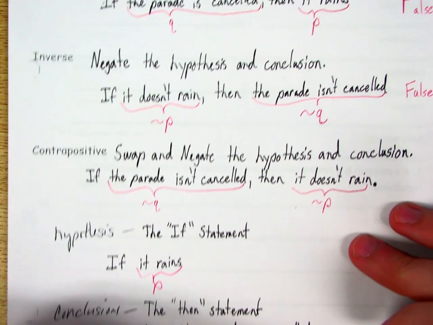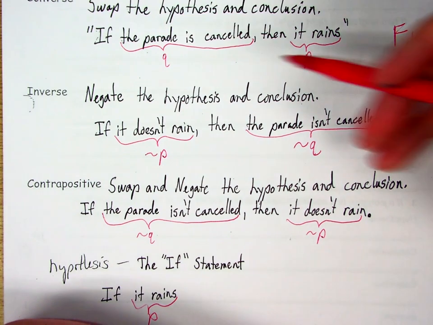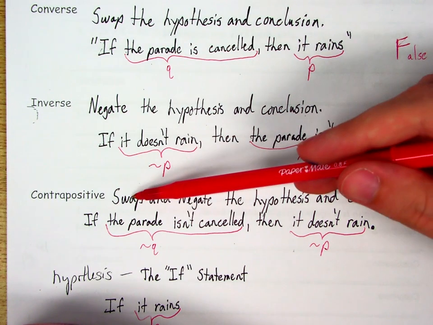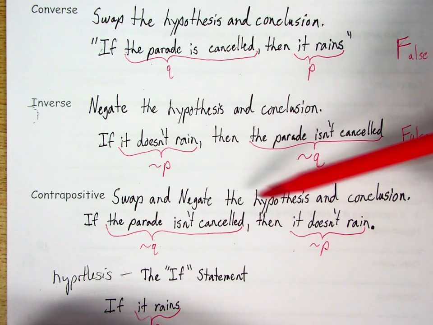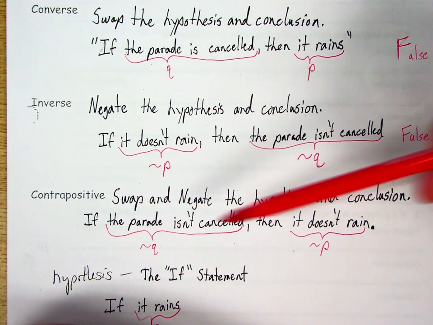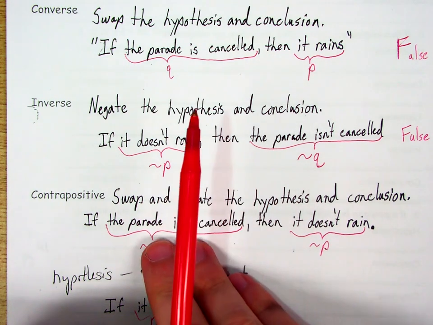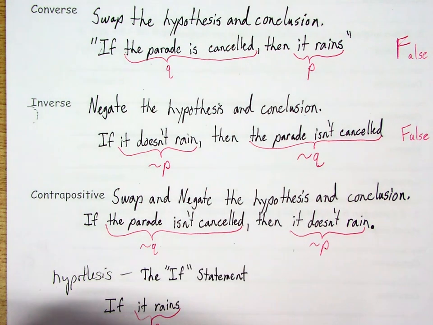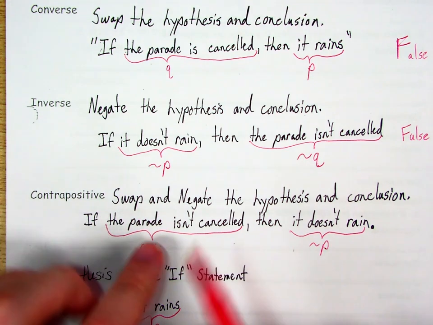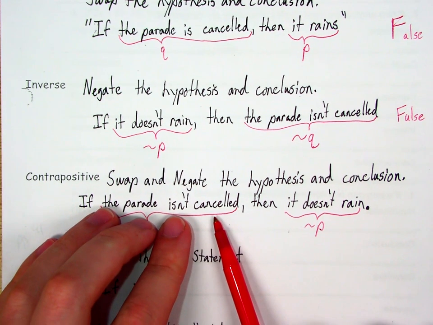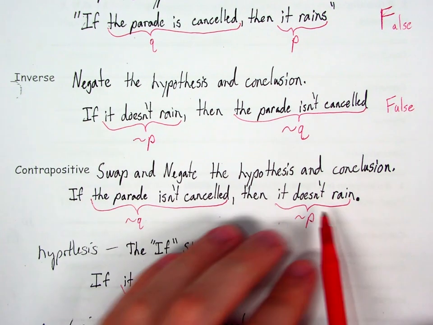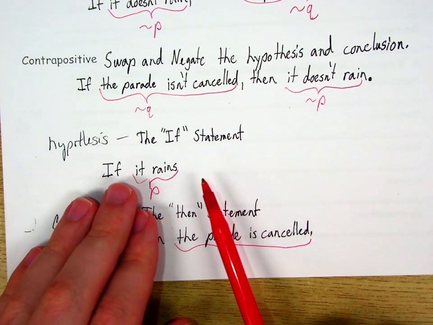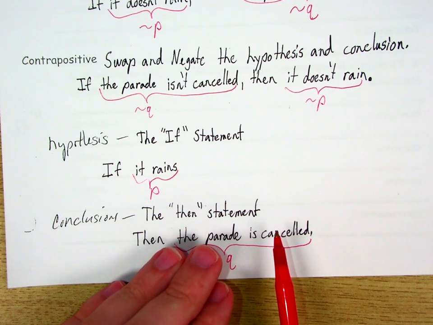Our contrapositive is a mix of the converse and the inverse. We're going to swap and negate the hypothesis and conclusion. If the parade isn't canceled, then it doesn't rain. And that makes sense. If it rains, the parade is going to be canceled.